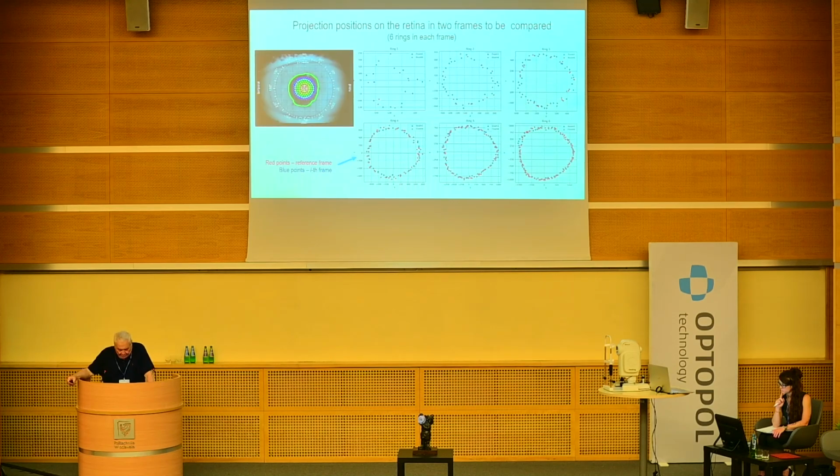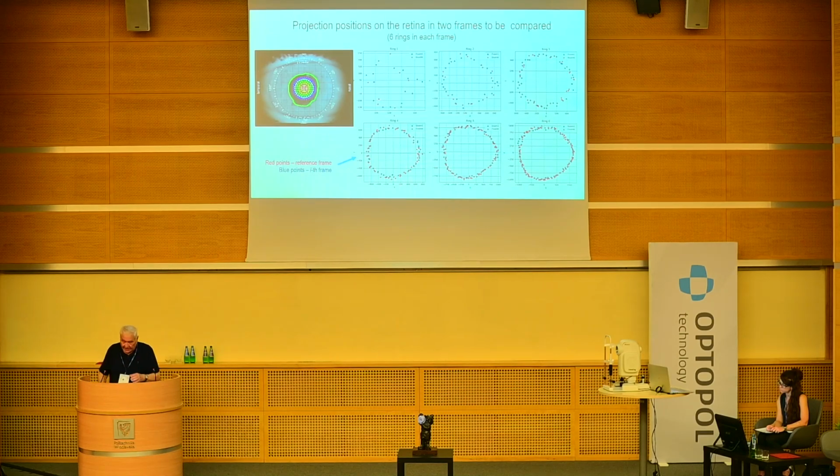So what we do, you see here 6 rings of points to the left, and to the right there is the projection of these points on the retina. The reference is blue, or maybe vice versa, it doesn't matter, and red is the next frame.